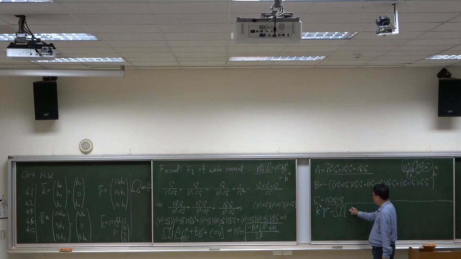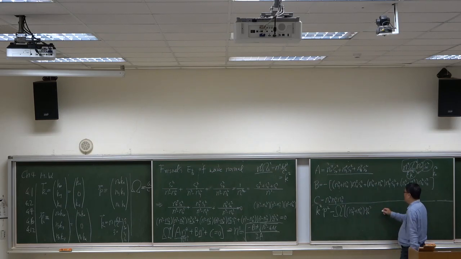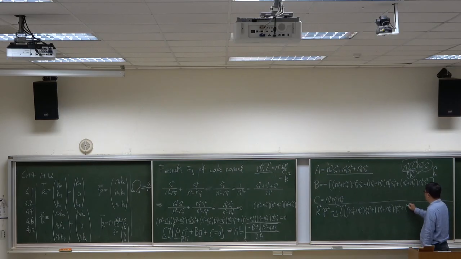So this is ny squared plus nz squared times px squared, okay? Plus nz squared plus nx squared times py squared, plus nx squared plus ny squared times pz squared.